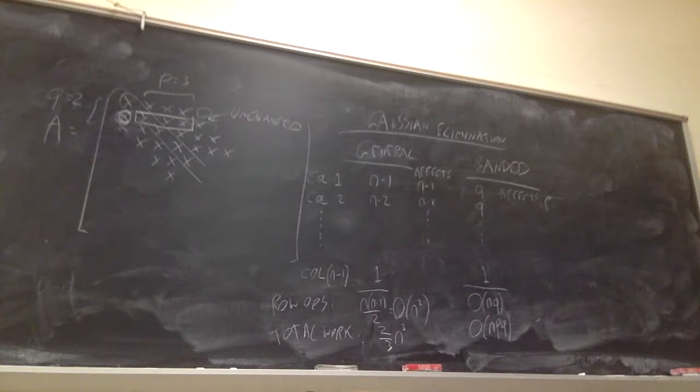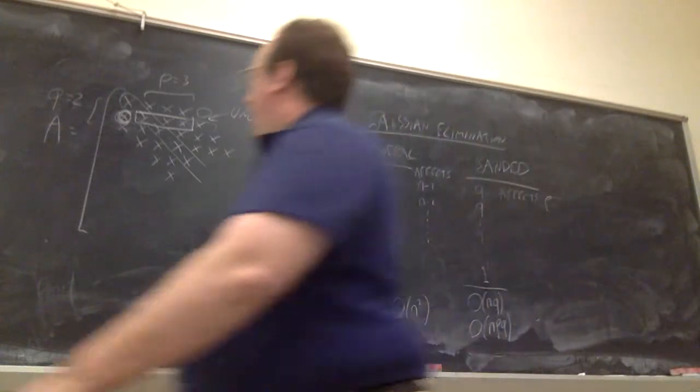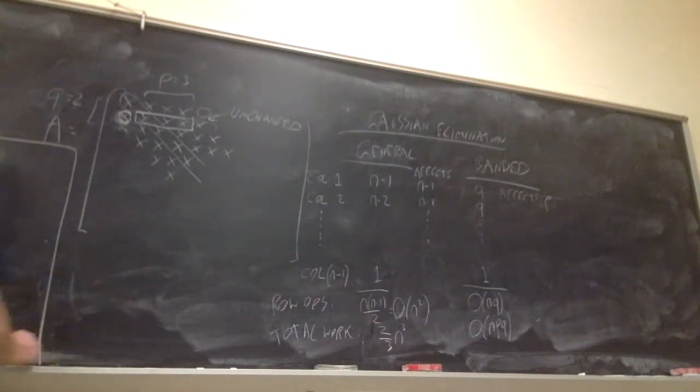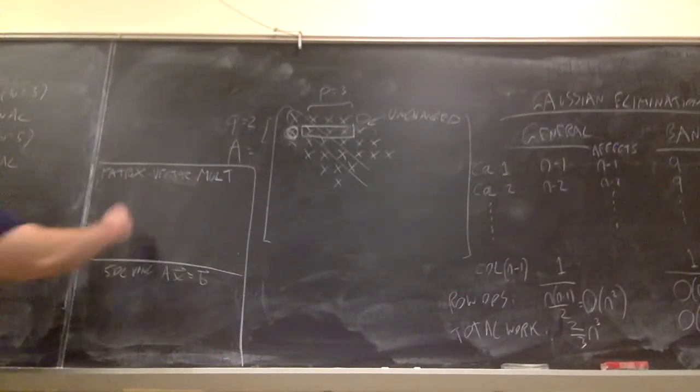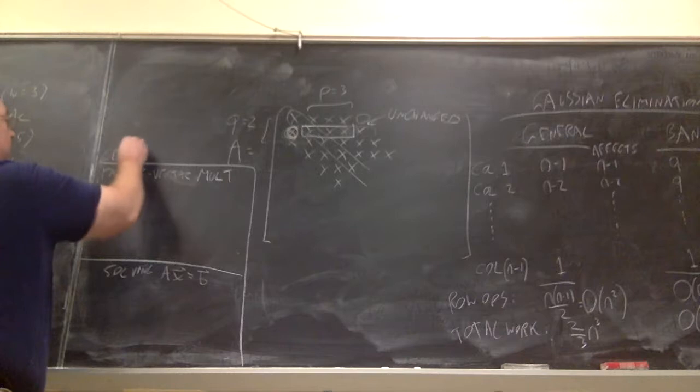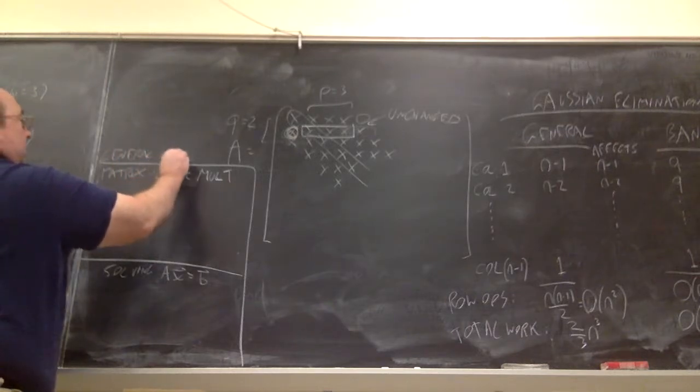So why is this a big deal? If we consider some fundamental operations, matrix vector multiplication is one operation, and then the other operation is solving AX equals B. Now, again, general versus banded.